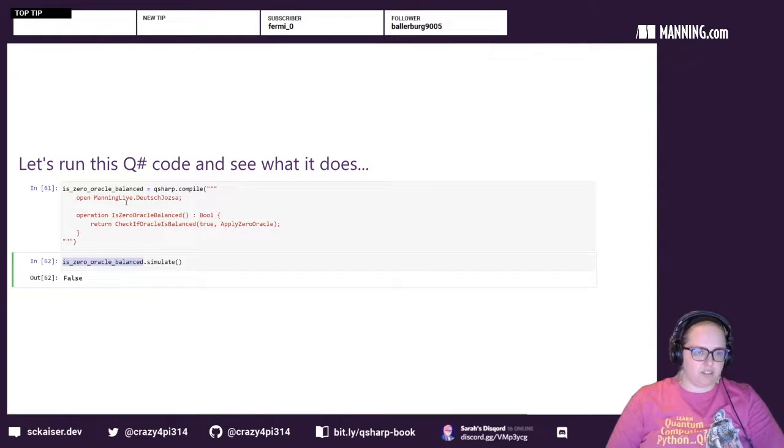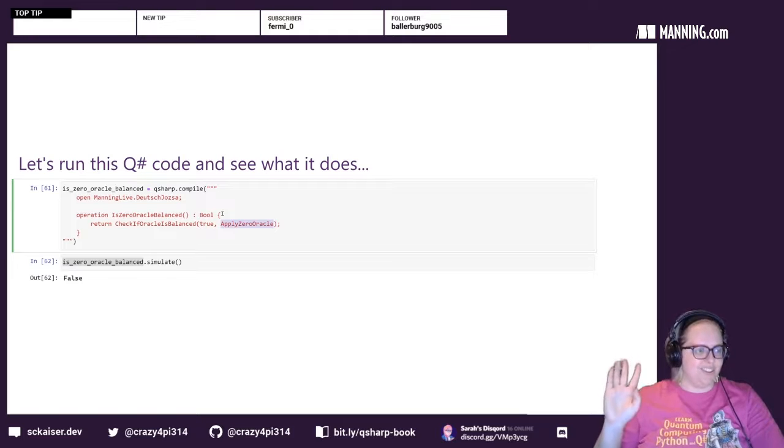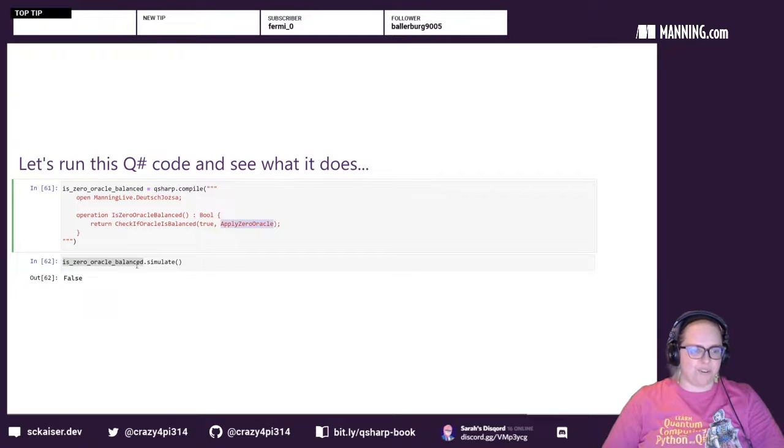I have stored here the zero oracle, meaning Merlin just says no to all of Nemune's questions, which means he's not going to do his job. We want to check if that's balanced, where balanced is the good case. So, is the zero oracle balanced? False, because it doesn't match.